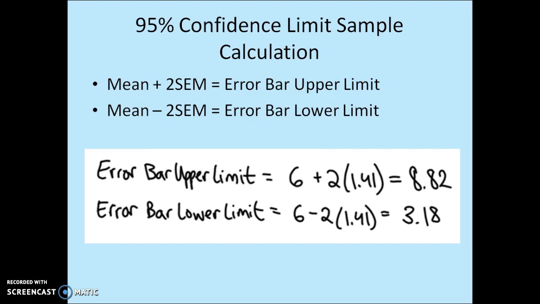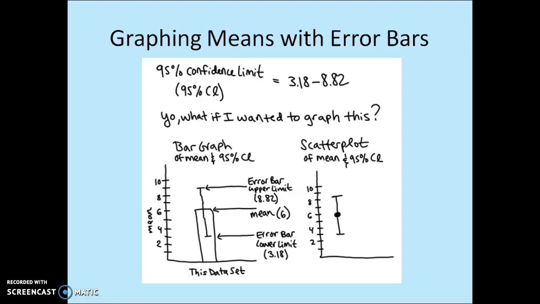So for example, let's say I was doing this for my sample data set where I had my values as 2, 4, 6, and 8. 6 was my mean, so I can find the error bar upper limit by taking 6 and adding 2 times my standard error, which was 1.41. So my error bar upper limit would be 8.82. My error bar lower limit would be 6 minus 2 standard errors, which would be 3.18.